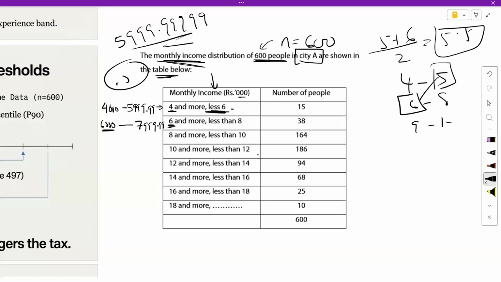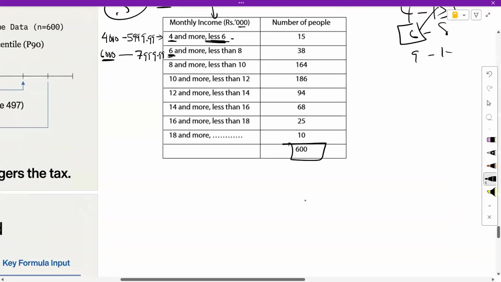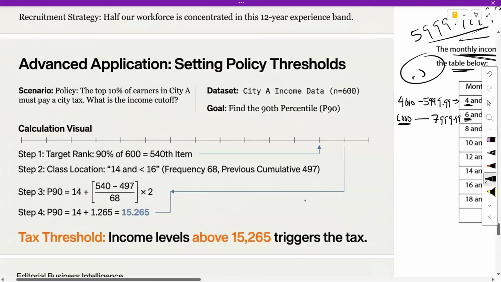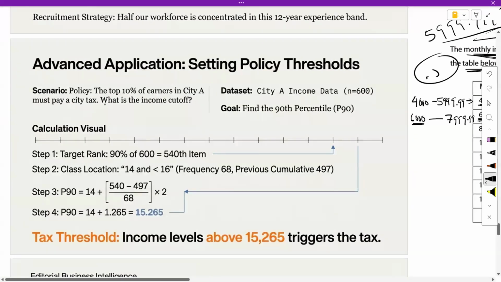And it's given there are 600 employees. The policy, they want to make a policy scenario: the top 10% of the earners in city A must pay city tax. So top 10%, what does it mean?